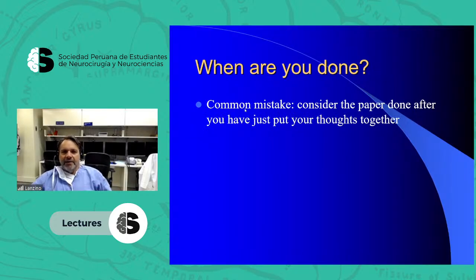And again, a common mistake is that you consider the paper done once you have put your thoughts together on paper, but the truth is that once you have something completed in a manuscript, there is a lot of work of going back and making it perfect, changing a word, moving a sentence, deleting a sentence, and so forth.